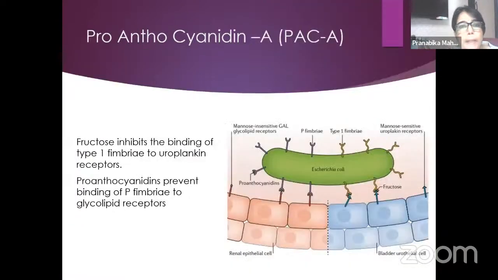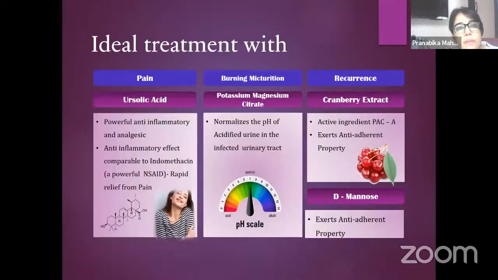Next, please. So basically how it works: fructose inhibits the binding of type 1 fimbriae to the uroplakin receptors. Proanthocyanidin prevents binding of P fimbriae to the glycolipid receptors. Hence, there will be a saturation of the receptors. Next, please. Ideal treatment we can give: for pain, ursolic acid, which is a powerful anti-inflammatory drug.